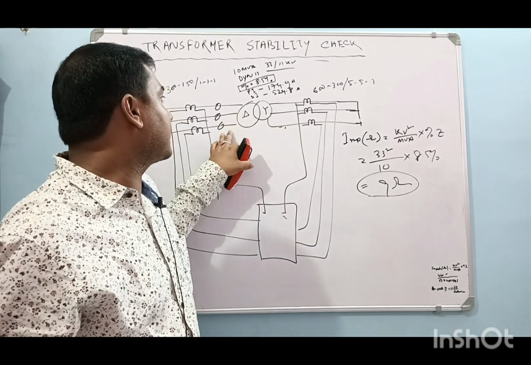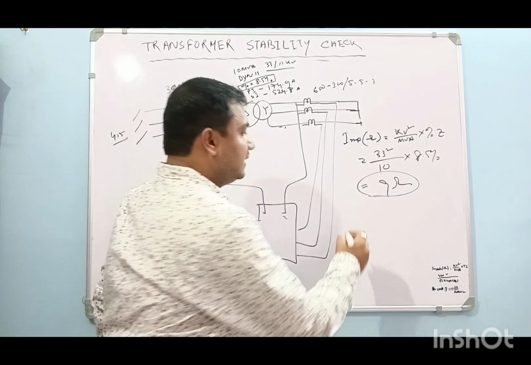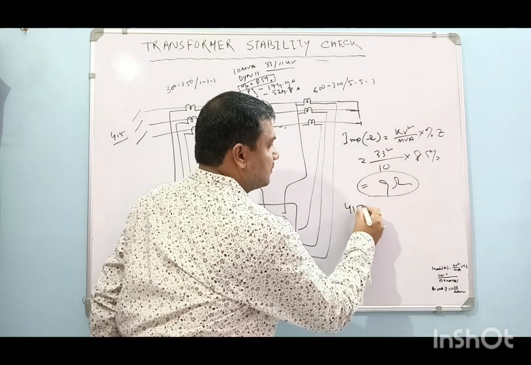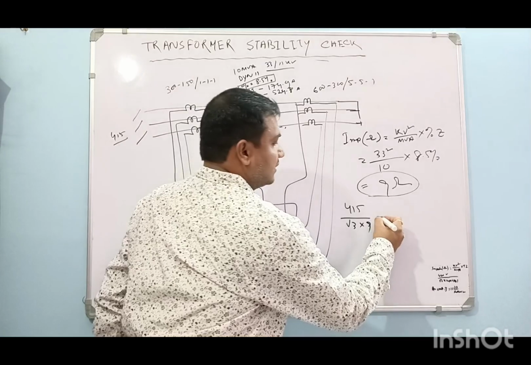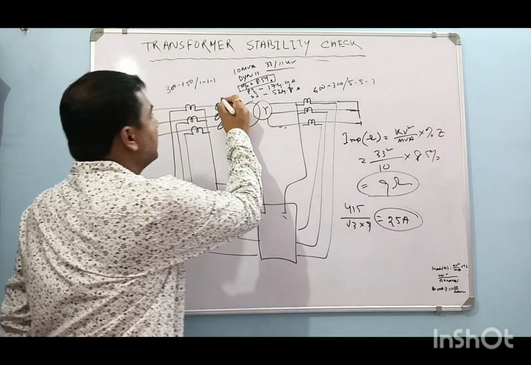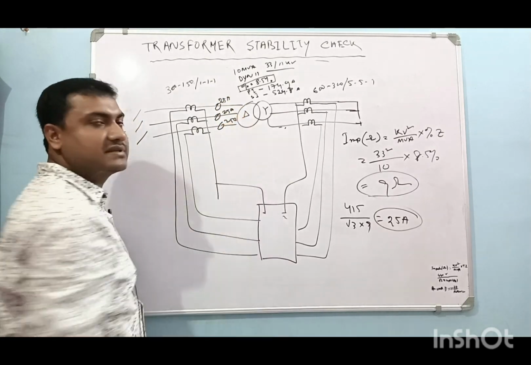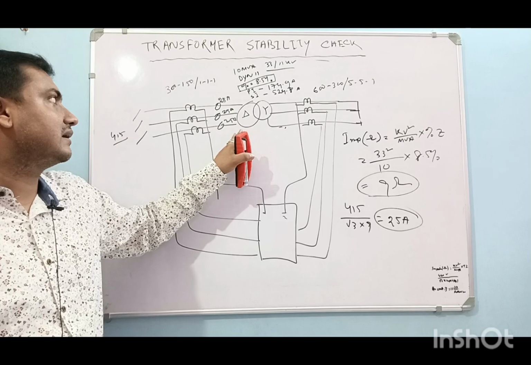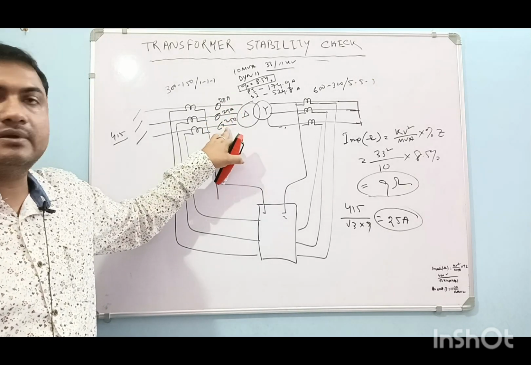So what will be the current in the HT side? Current will be 415 volt by root 3 into 9. It will come approximately 25 ampere. So 25 ampere current will flow in the HT side. If we measure through a tong tester, the primary side current will be 25 ampere.